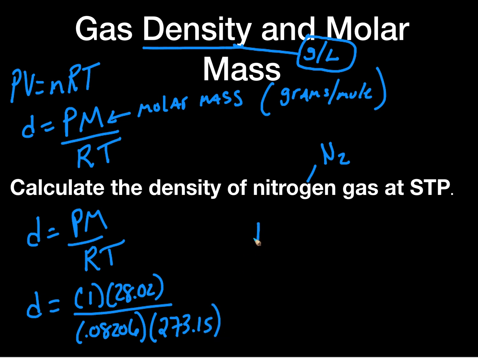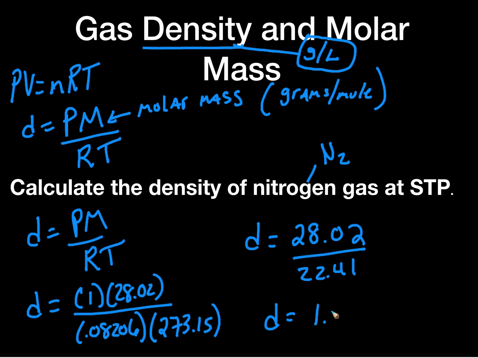So now, D equals, since 1 times anything is the same number, 28.02 divided by 0.08206 times 273.15. And we get 22.41. So we divide these two numbers, and we get 1.25 grams per liter.